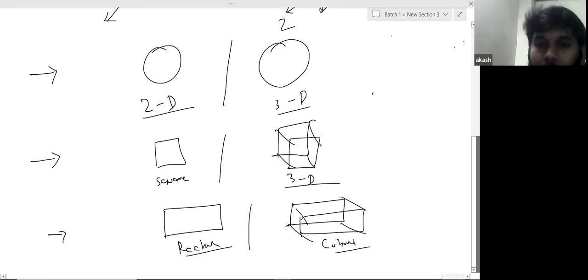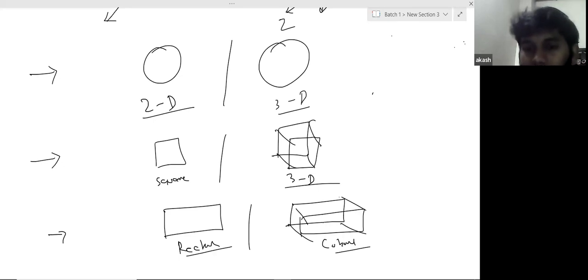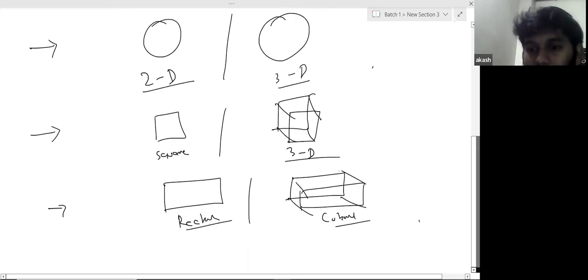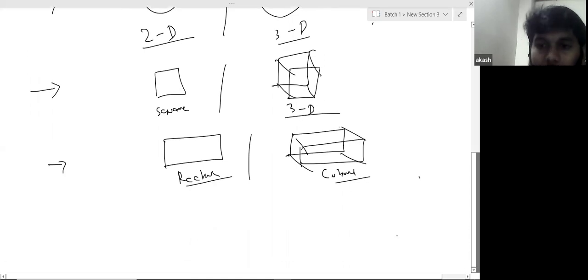Right. So for these reasons, we need to learn about 3D. Few things we'll learn in 11th and a lot of things in 12th. All right. So please focus on this chapter because this will come in 12th also.